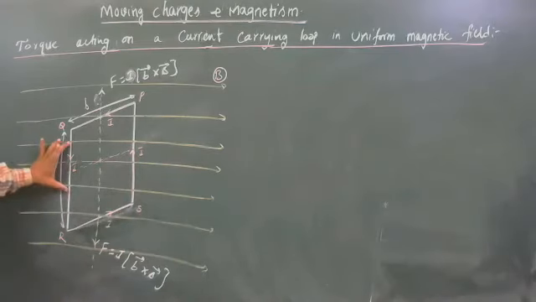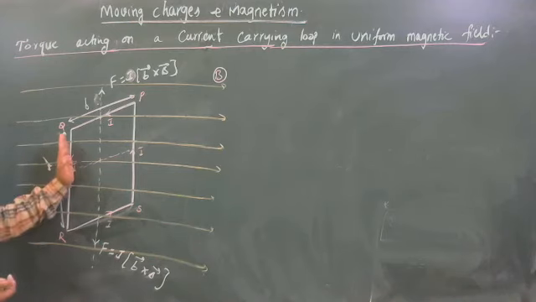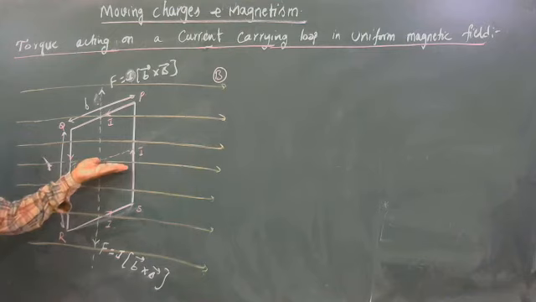On this conductor, in what direction does the force act? Its length is L. It is in a magnetic field B. What is the force acting on that conductor? Is it not perpendicular to this? Yes, sir.